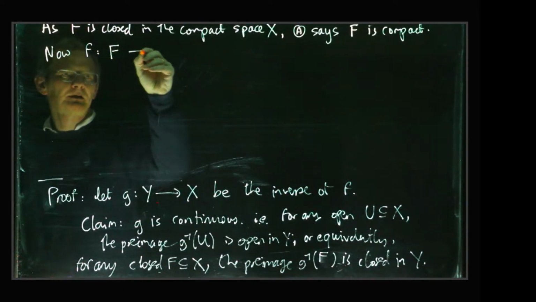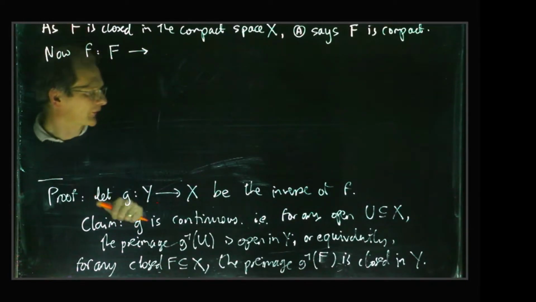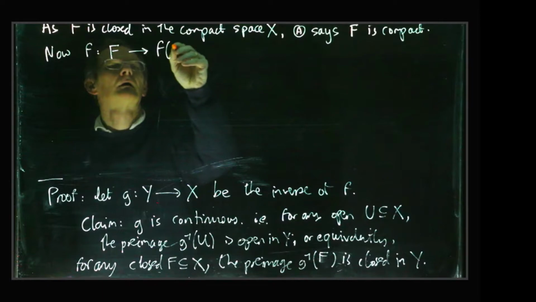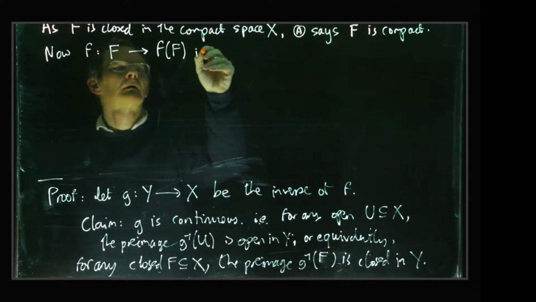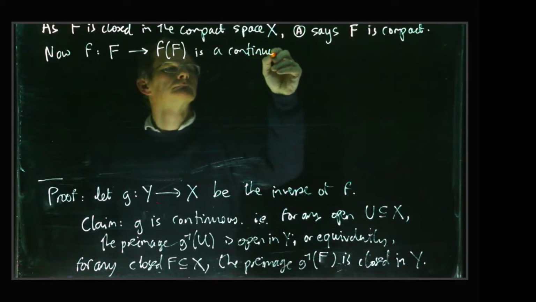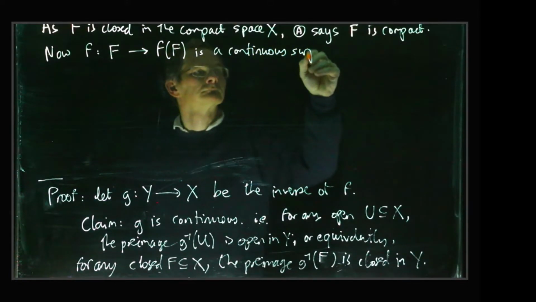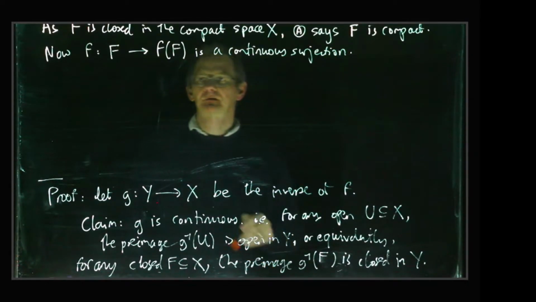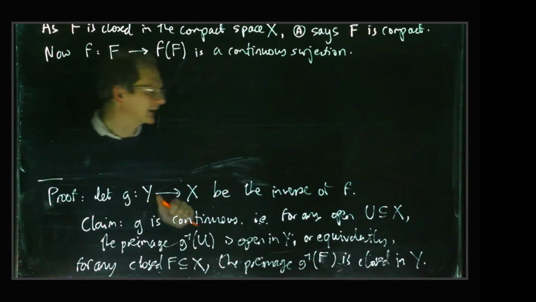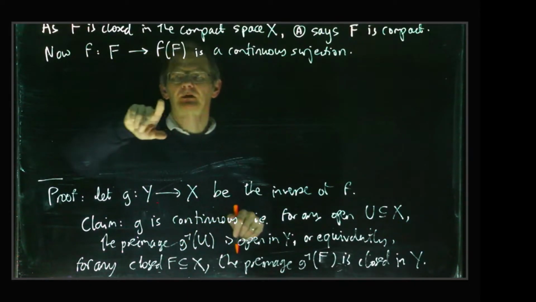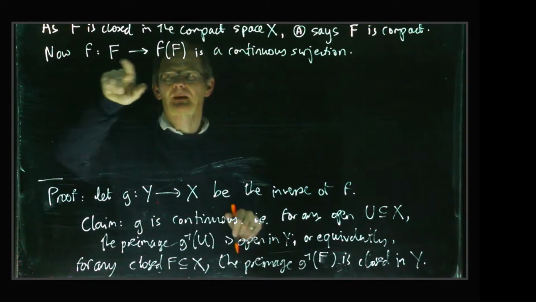So now we can consider f restricted to F. This gives us a map from F to the image. f is continuous, so it remains continuous if we restrict it like this, and it gives us a map from F to f of F, and just by the very definition of f of F, this map is surjective.